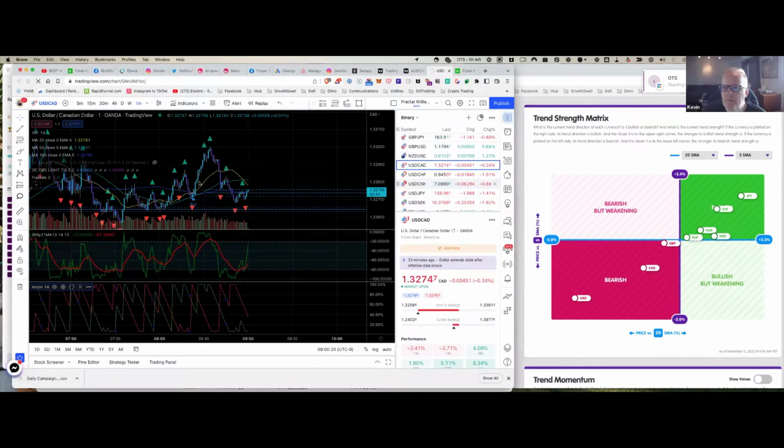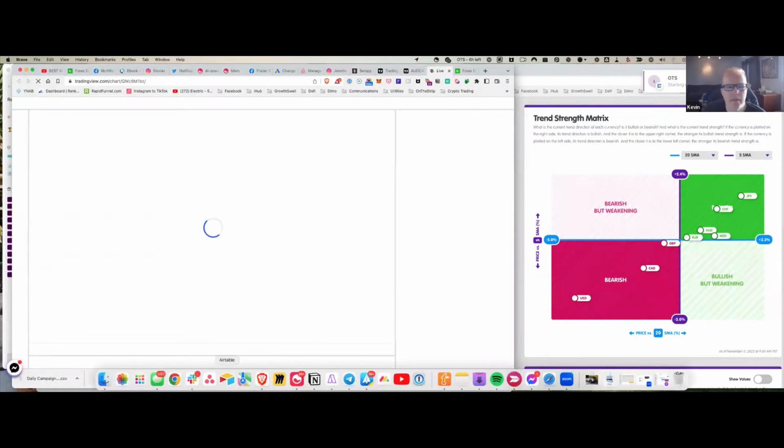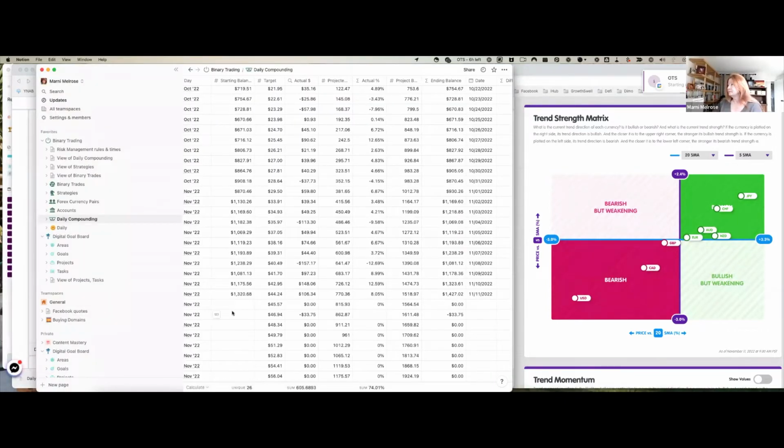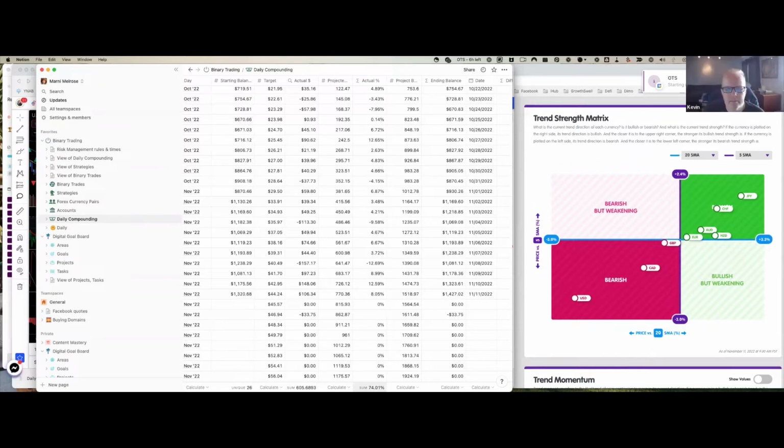And how many days was that, Marnie, that you started at 600 and you went to 1,400? How many days is that? That is now 26 days. Okay, that's a good return. It's a 74% return. See down here? Yes. And so really your primary goal is just to make 3% per day.